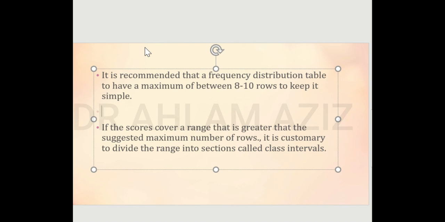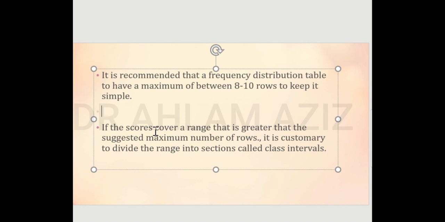It is recommended that a frequency distribution table have a maximum of between 8 to 10 rows to keep it simple, because we don't want too many groups of data for the percentage.